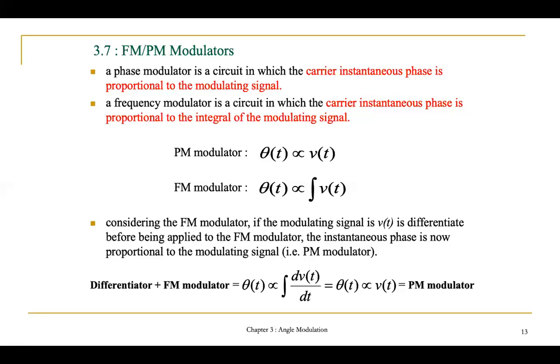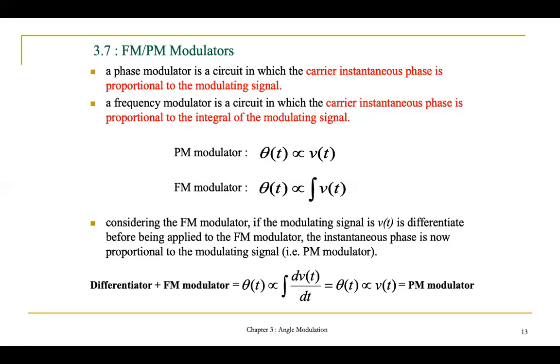Stated here, if you consider the FM modulator, if the modulating signal Vt is differentiated before being applied to the FM modulator, the instantaneous phase is now proportional to the modulating signal, like a PM modulator.